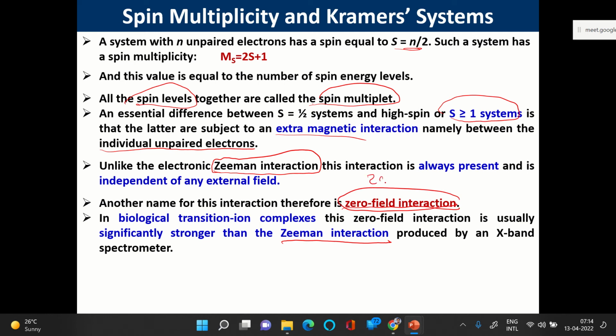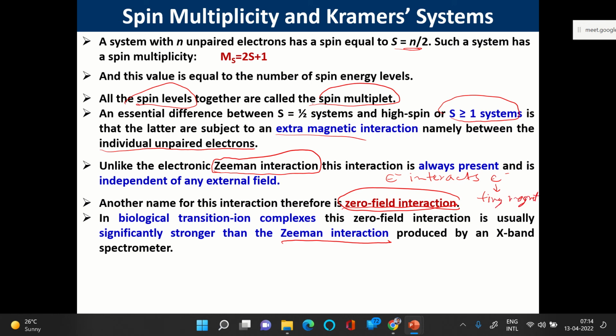So we are talking about two electrons, two or more. Just to give you an example, I am writing electrons interaction. So electron interacts with electron. This is what I am talking about, and each one of them is behaving as a tiny magnet.